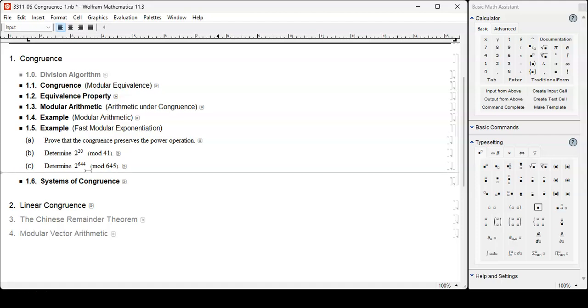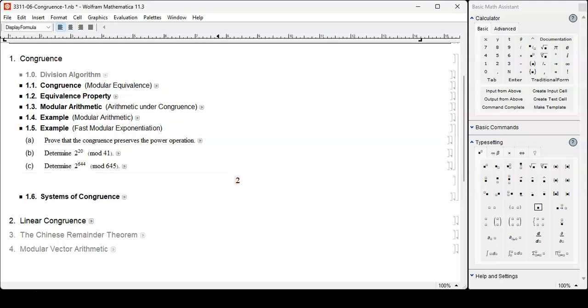You see? 2 to the 644 is not congruent to 2 to the negative first power modulo 645. You cannot apply that to the power.